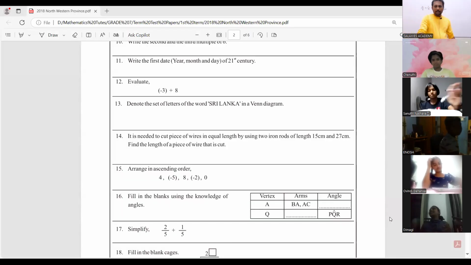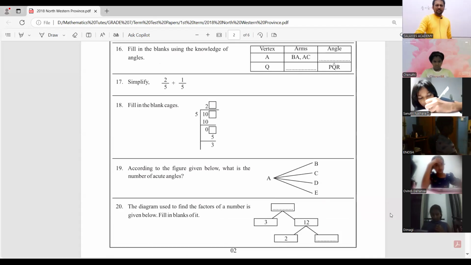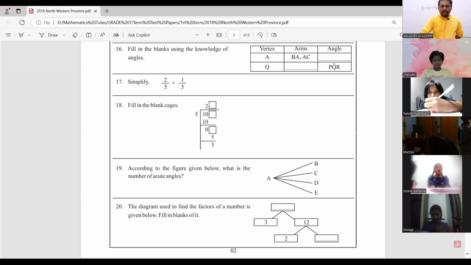Right. Then another 3 questions remain in the first part. A long division question is given, and you have to fill in the blanks correctly. Look, 10 divided by 5 is 2. 2 times 5 is 10. 10 minus 10 is 0.